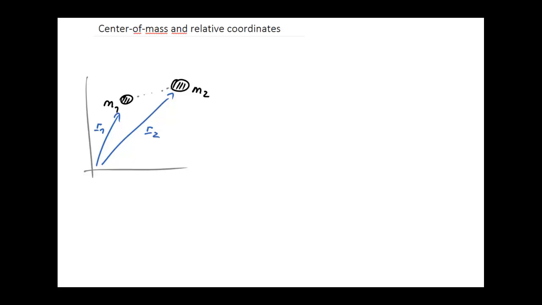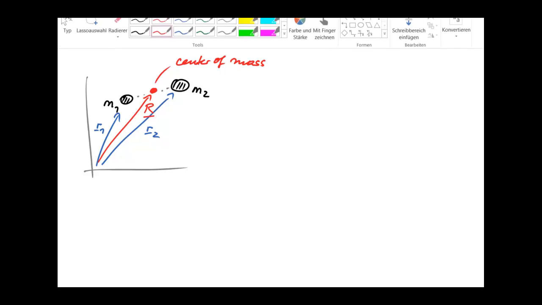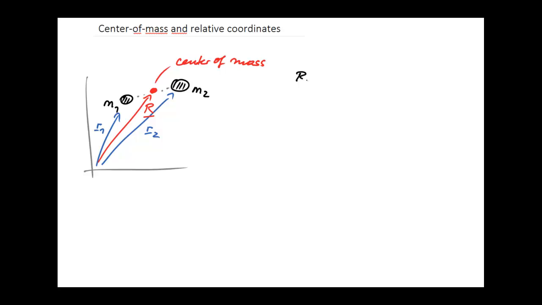Now, somewhere between the two bodies lies the center of mass of the system. This is the center of mass, and the center of mass has position capital R. The formula for the center of mass position is something that we had looked at before.